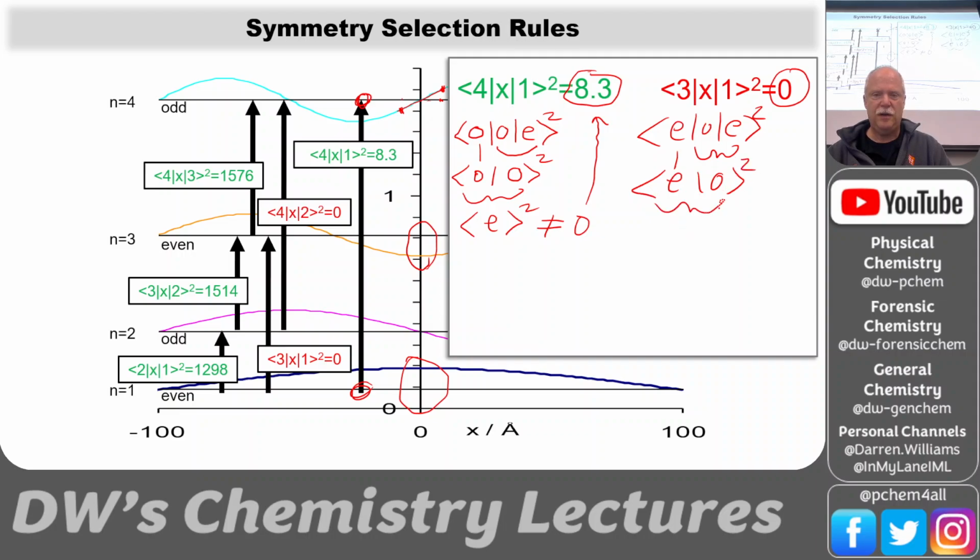And then even times odd is odd. And so we have the integral over all space of an odd function, and that's equal to 0, which we knew, but now we've shown it by symmetry. Yes? Yes, in all our problems, yes. And so this one is allowed by symmetry. And we would say this transition is forbidden.